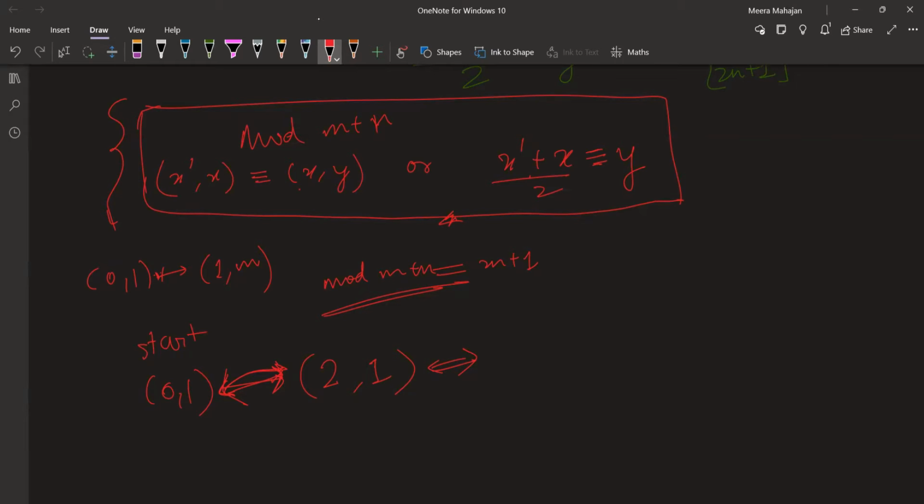Now this time if you fix the blue bead again, you will go to something comma 1, note this would be 0 comma 1, right? But we have already visited this. We are trying to see which new places we can reach. So this time we fix the red bead, and from 2 comma 1 where can we go? 2 comma what?